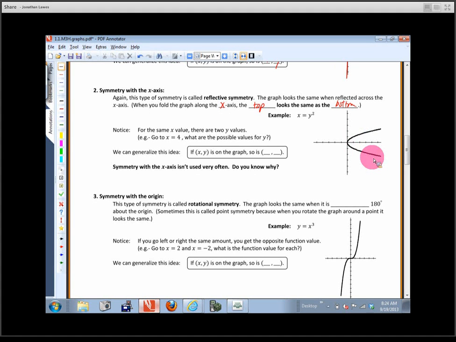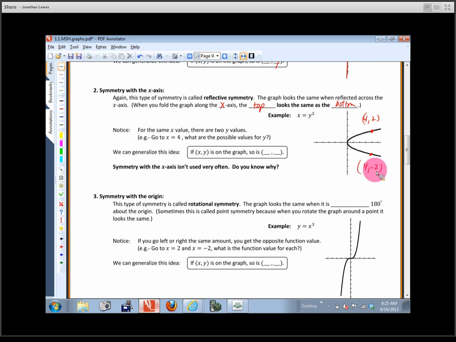What we want to take note of is that for the same x value, we get different y values: same y value, but different sign. If I go to 4, and go up to this point and down to this point, the upper point would be (4, 2), and this one would be (4, negative 2). Notice, they're just reflections across the line y equals 0, or the x-axis.